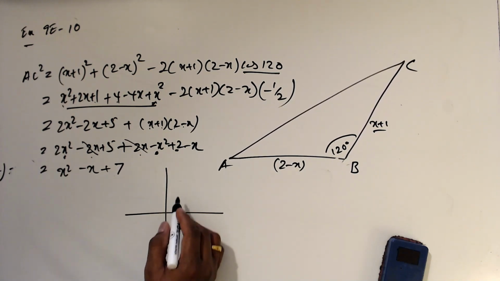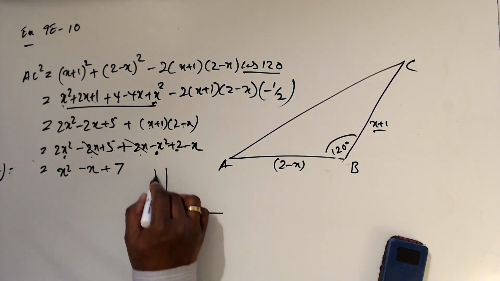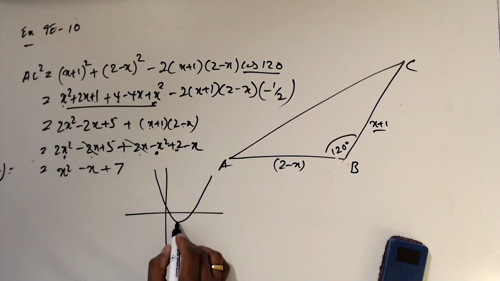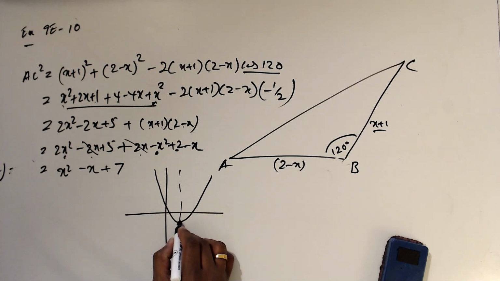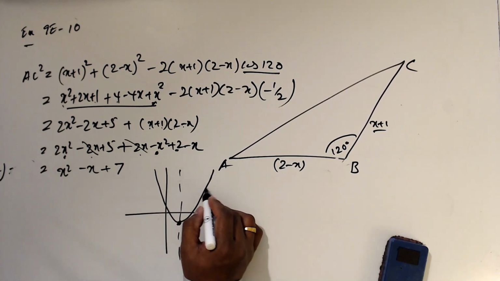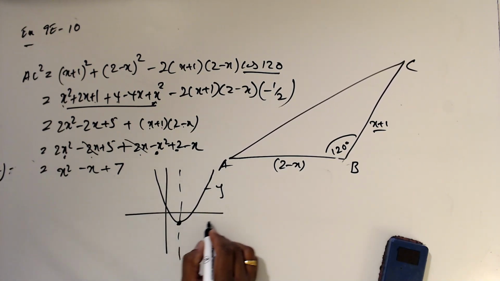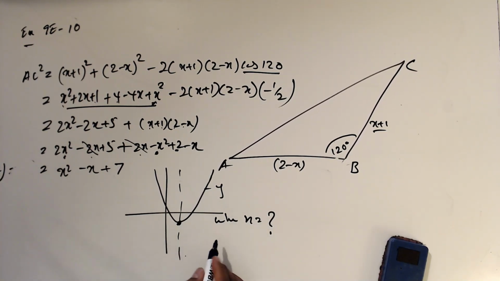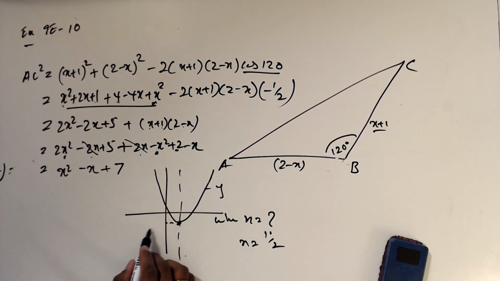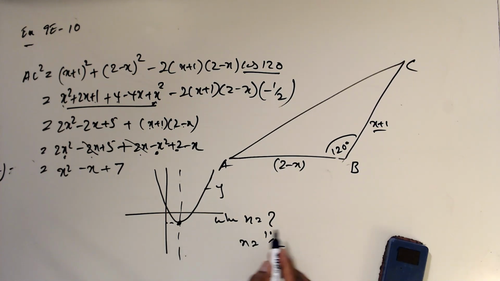Now it's going to be a quadratic graph like this, and y has a minimum when x equals half. When x equals half, you will get the y value.